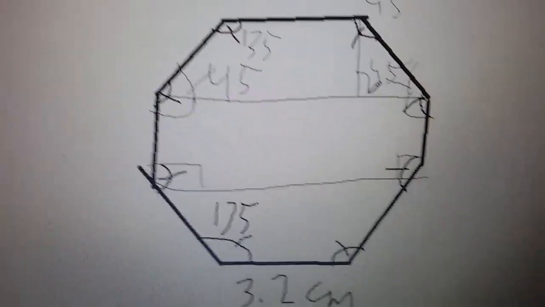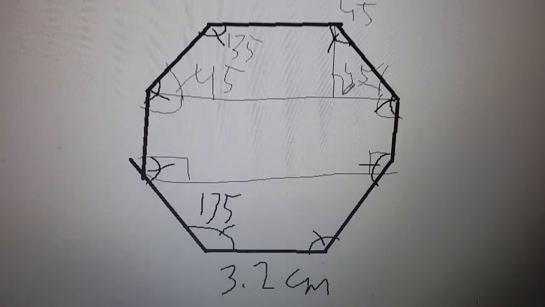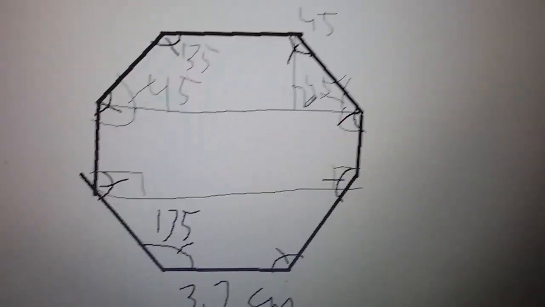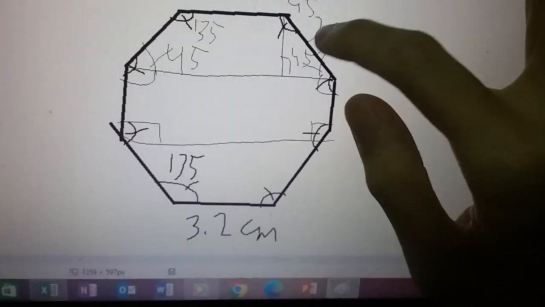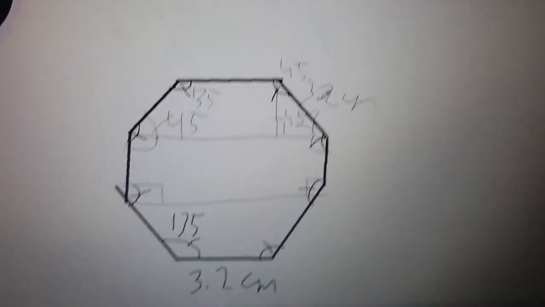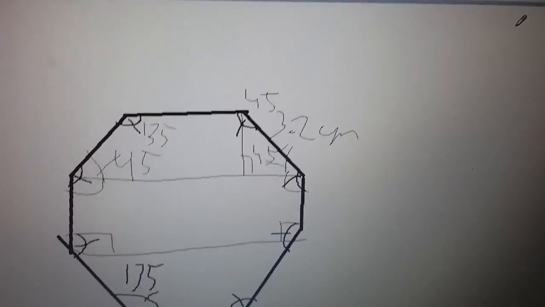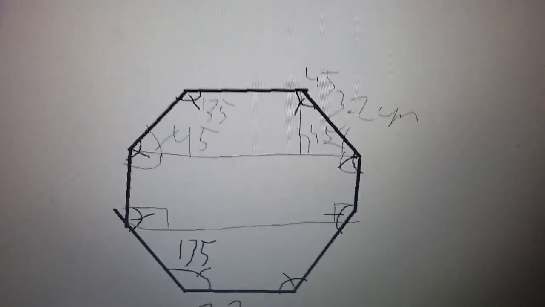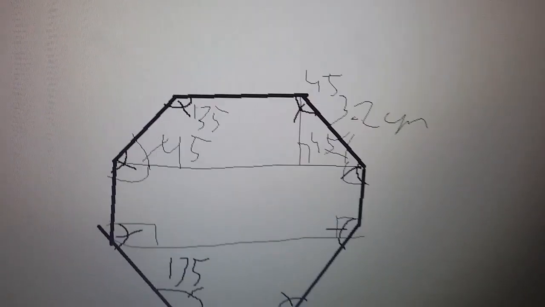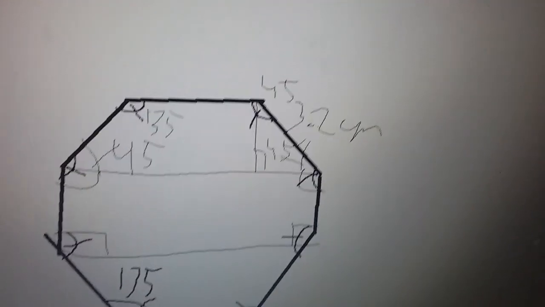So that's how we're gonna do the area of the octagon. We know that the measure is 3.2 cm. That's the hypotenuse. Remember, for a 45, 45, 90 degree triangle, the hypotenuse will always be the leg times root two.